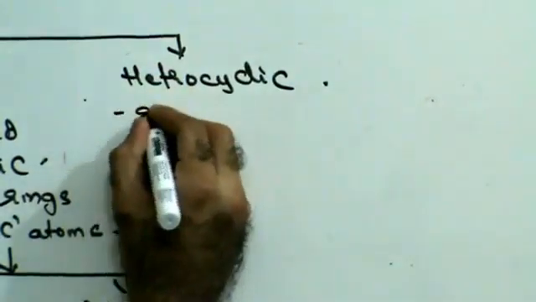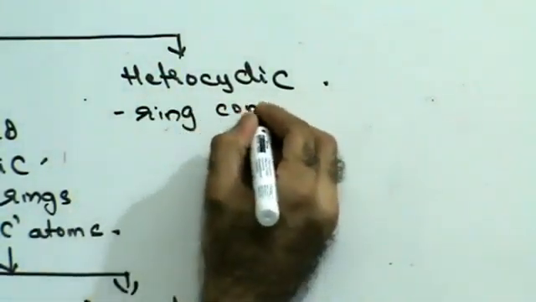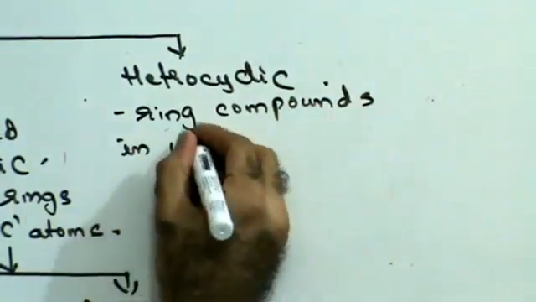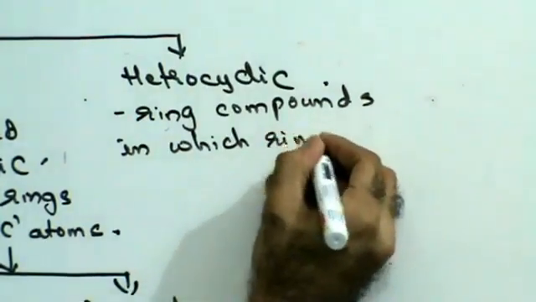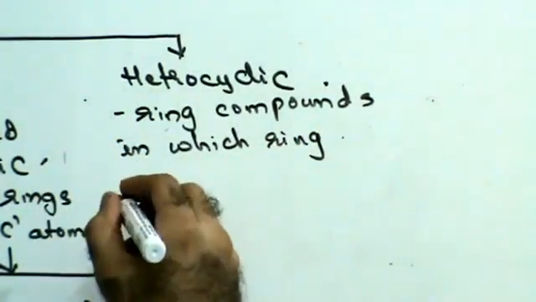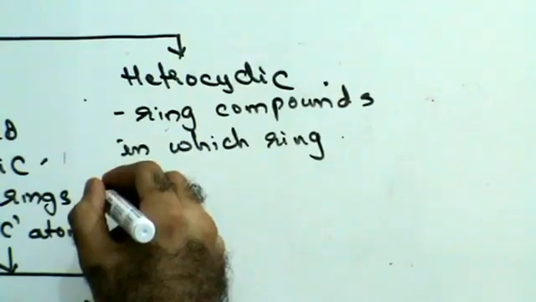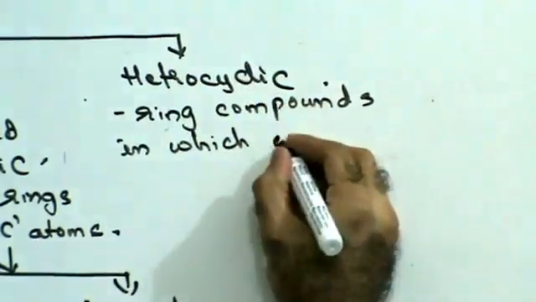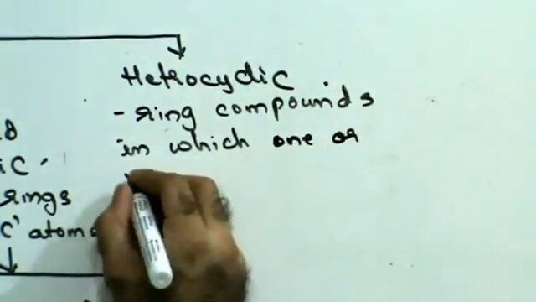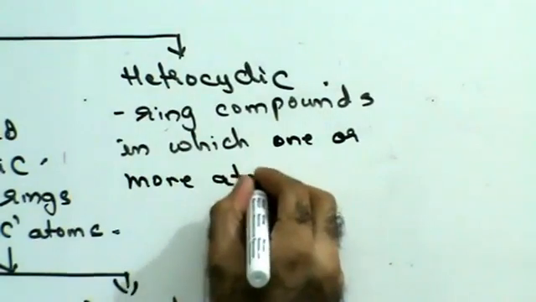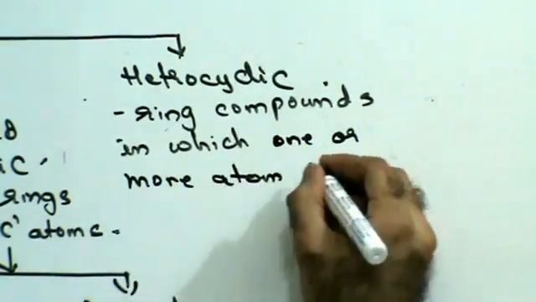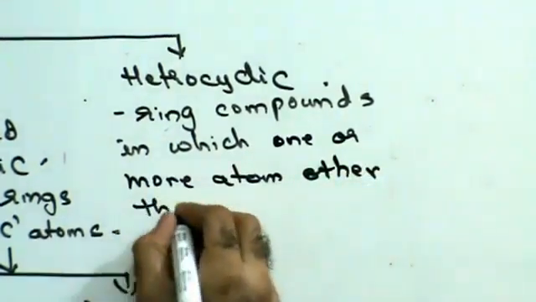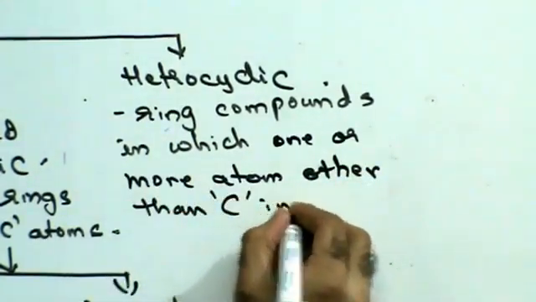These are ring compounds in which one or more atoms other than carbon are in the ring.